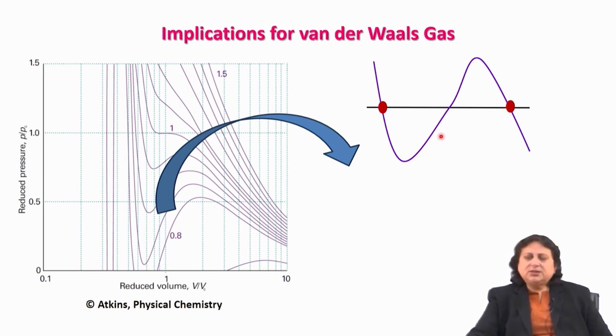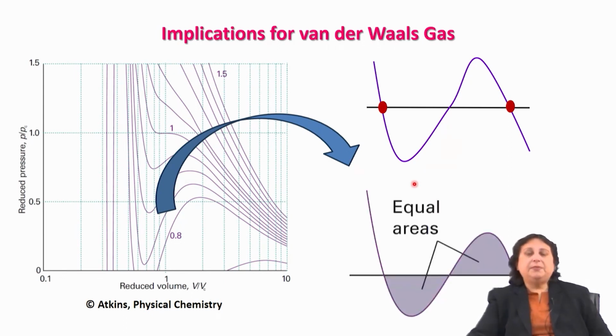And this is also indicated by the fact that here locally you have pressure increasing with volume, which indicates that here you have an adiabatic compressibility which is negative. So, that immediately tells you that it is not only a global instability, but also a local instability that you need to take care of.